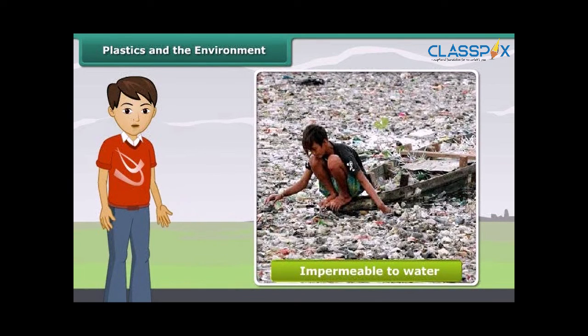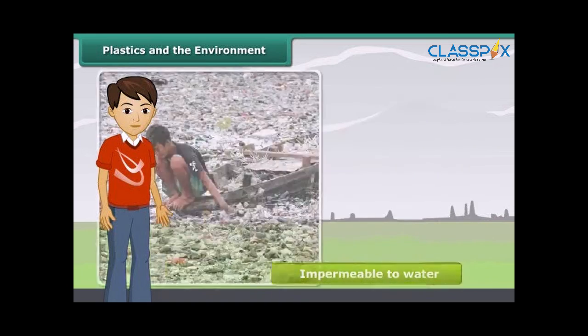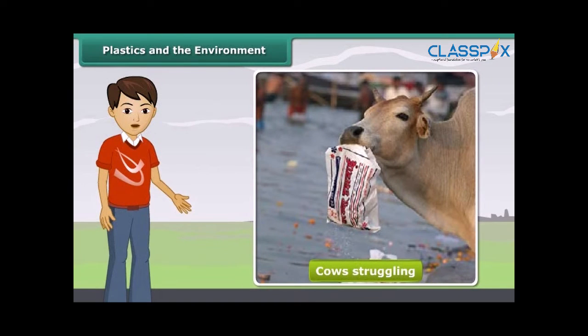Also, as plastics form a cover on the ground surface and are impermeable to water, the rainwater would not be absorbed into the soil, thus diminishing our underground water reservoirs. You must have seen cows struggling to take out food from the plastic bags thrown near the garbage heaps. They end up eating the plastic bags as well.